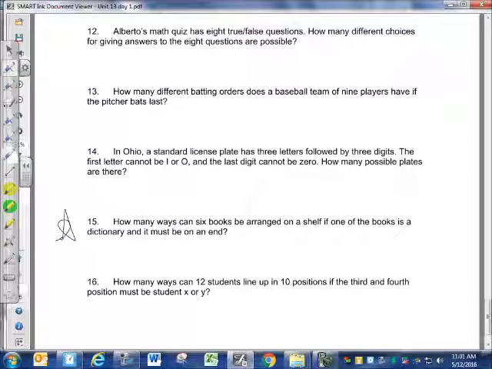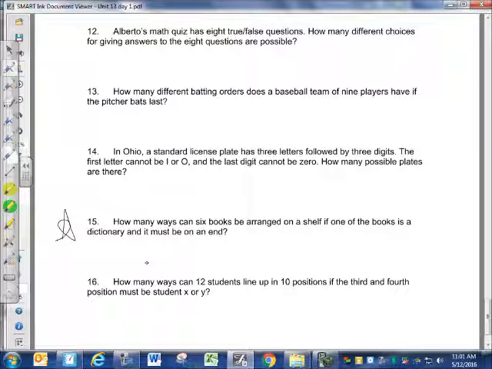Well, there's one there, and you're saying you have 6 books to choose from the first one, but we only start out with 6. One of them's a dictionary, one of them's at the end. Yep. No. That's it. Good.